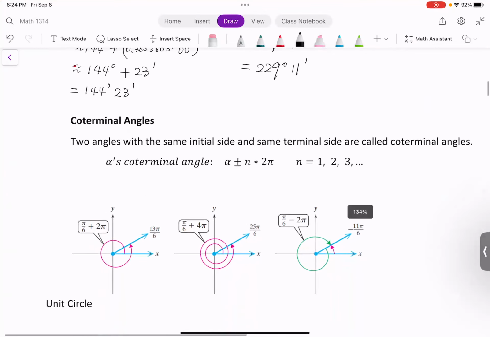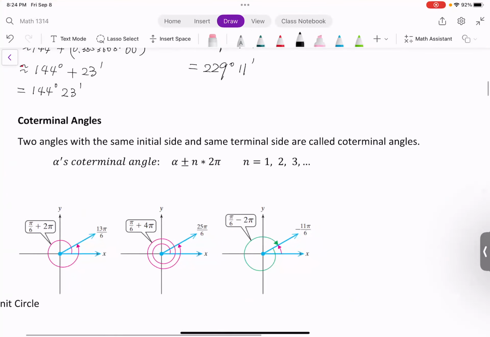Let's see the next part, coterminal angle. Several videos ago, we learned the coterminal angles in the degree measure. So coterminal angle is, if I have angle beta or alpha, I plus or minus 1 full rotation, or n times the full rotation.